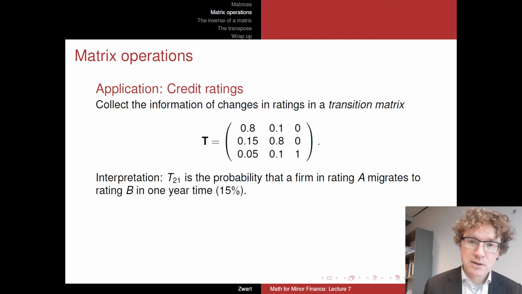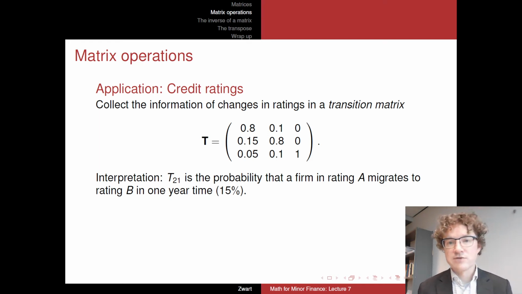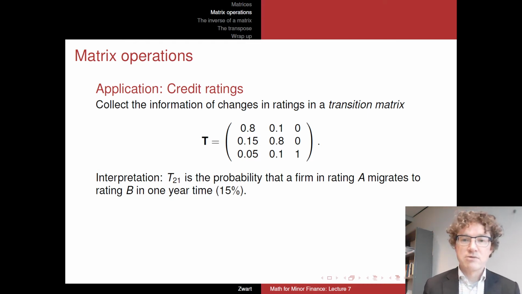Similarly, the second column will encode these transition probabilities for the B rating. So again, 80% chance that you remain in B, but there's 10% likelihood of going up, 0.1, and there's also a 10% likelihood of going down, 0.1. So these are just the assumptions of this particular model. And finally, the final column, of course, will be once you're in the D category, the default category, there is 0% chance of getting out of there.